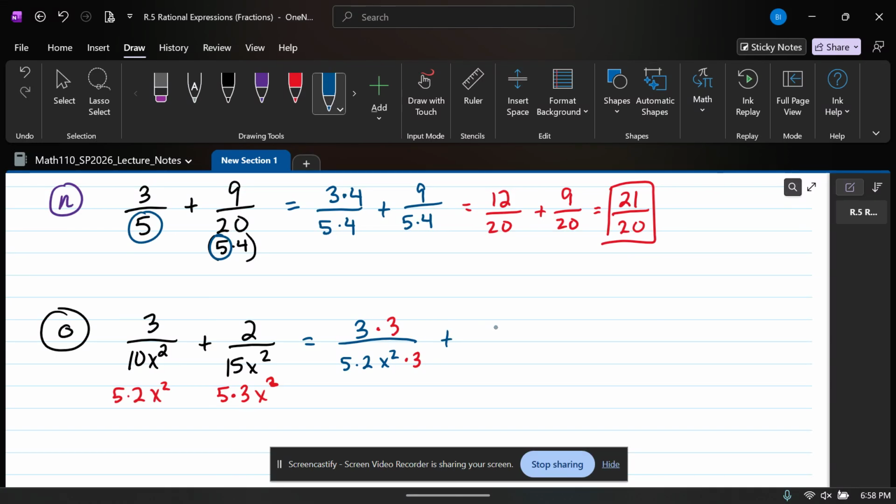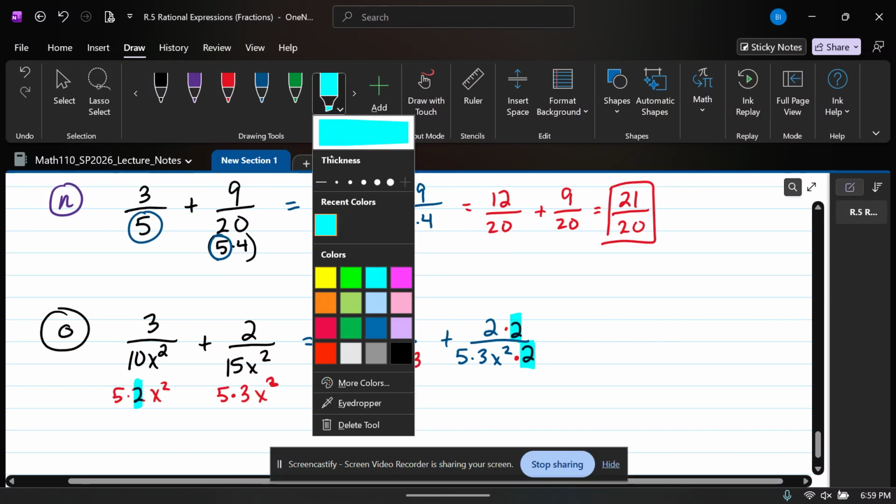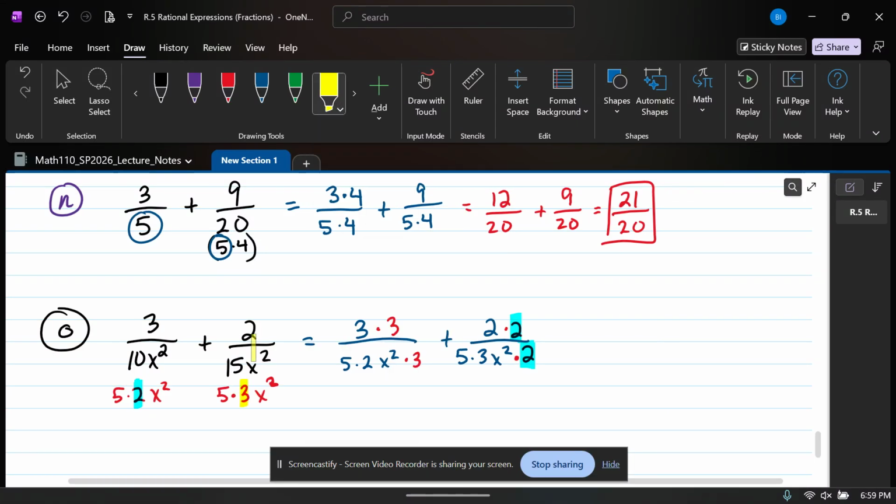And then the second fraction, it's got the 5 and the 3 and the x squared, but it's missing what from the first fraction? The 2. So I'm multiplying top and bottom by 2. This 2 is coming from there, and this 3 is coming from there. That's where they're coming from.